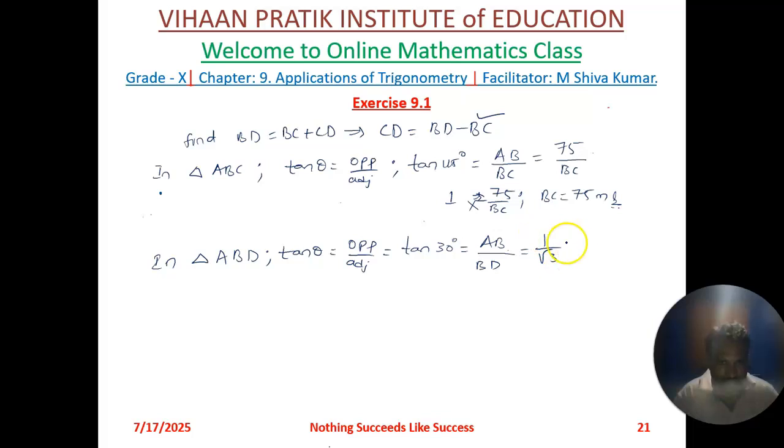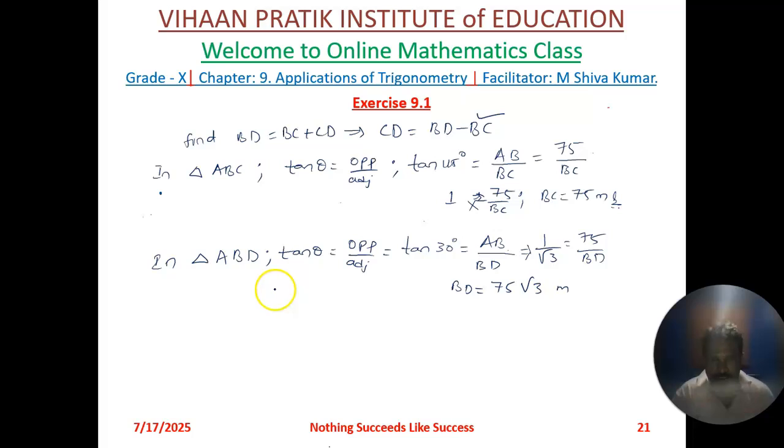We know AB is 75, so 1 by root 3 equals 75 divided by BD. So when we cross multiply, the value of BD is 75 root 3 meters.